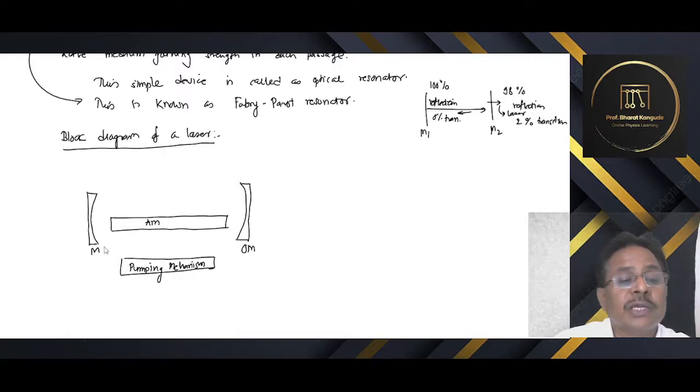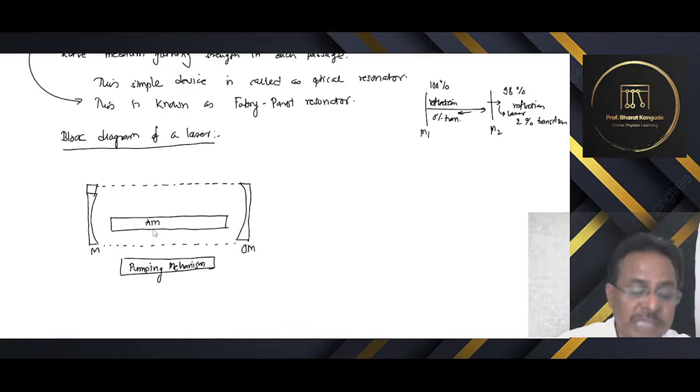Then a cavity is produced here in between these two. Actually, I should have drawn both mirrors of the same size. Here is the active medium, and this is how they provide energy so that the pumping operation goes on. This is the pumping mechanism, and because of that a population inversion occurs, and a random photon coming in causes stimulated emission.